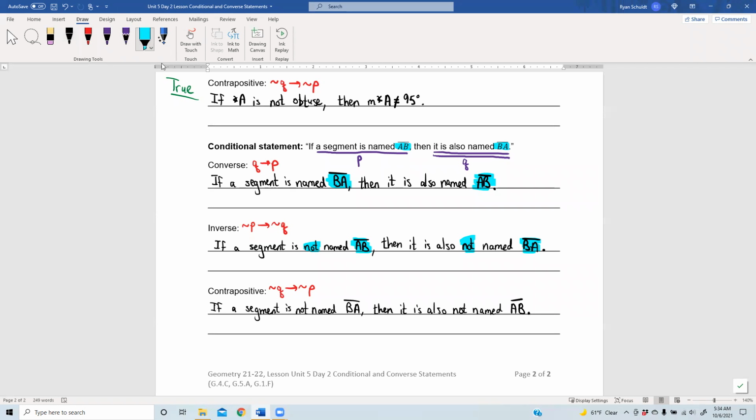So again, I got my not BA, which is your not Q, and then not AB, which is your not P. So we just have to keep it grammatically correct.